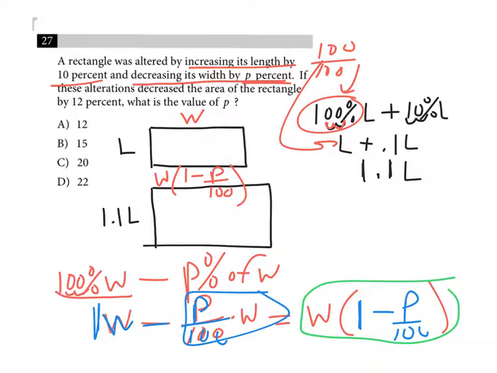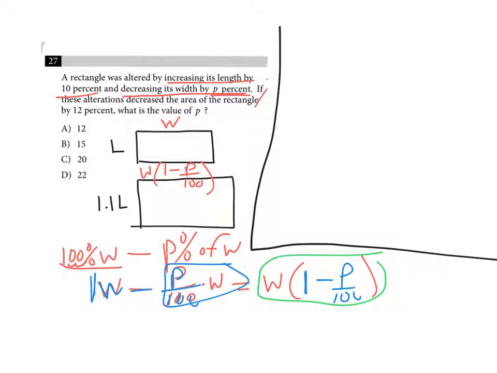Now, we're going to write an equation that says these alterations decrease the area of the rectangle by 12%. Well, the area of the rectangle is just length times width, so it would be L times W. This new rectangle, the area is decreased by 12%.